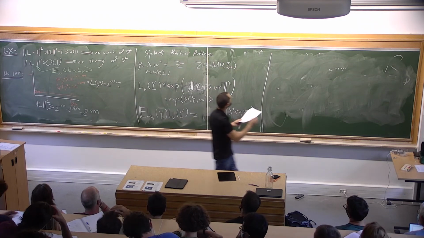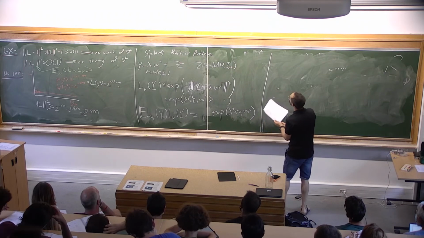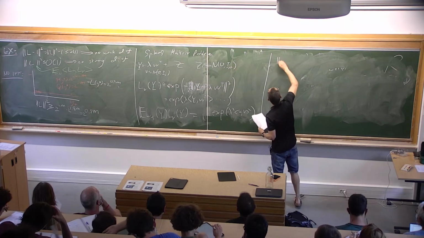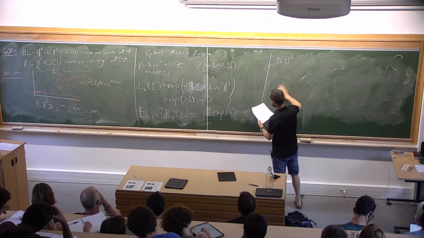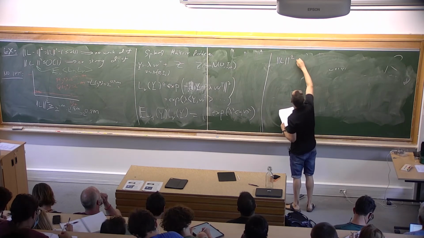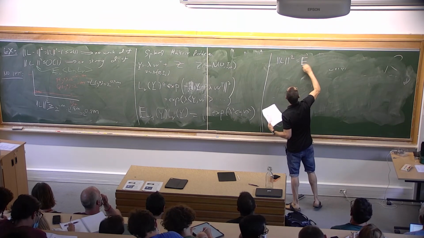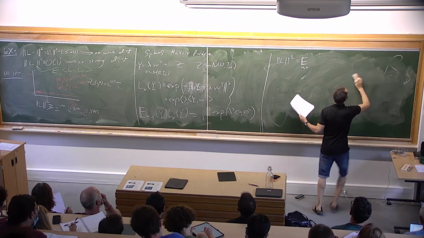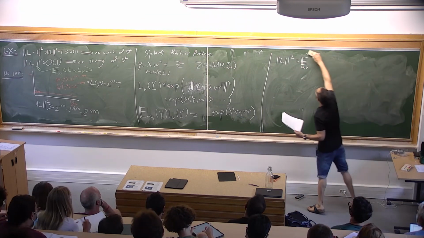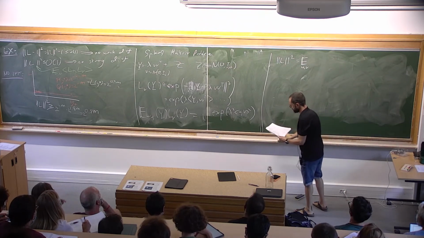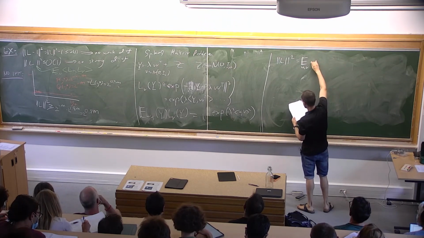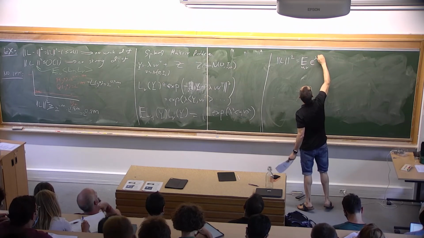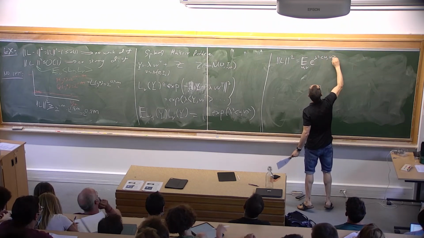So we see that the norm of L squared is the expectation over UV of e to the lambda squared UV squared.